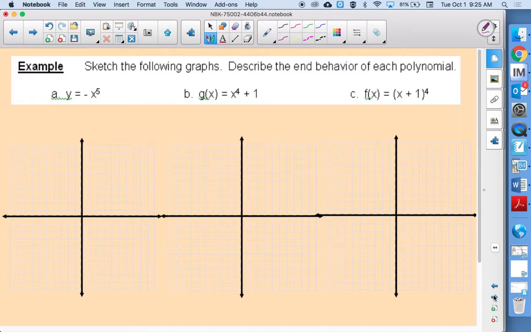So the first one says y equals negative x to the 5th. So Josh, what did that look like, negative x to the 5th? It crosses through the x-axis. And is it an increasing or a decreasing function from left to right?